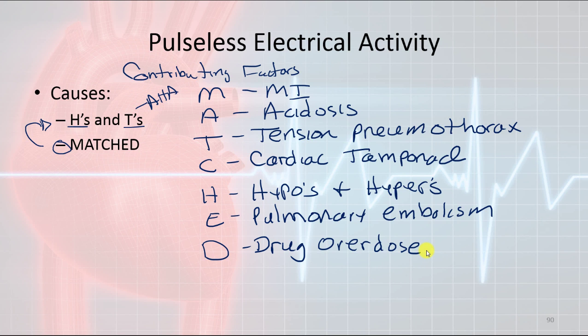If you were to look at the H's and T's, you would cover all of these in the H's and T's. Let's talk about the hypers and hypos right quick.